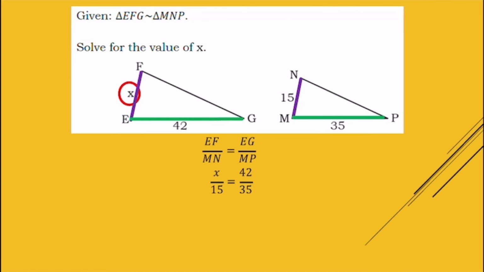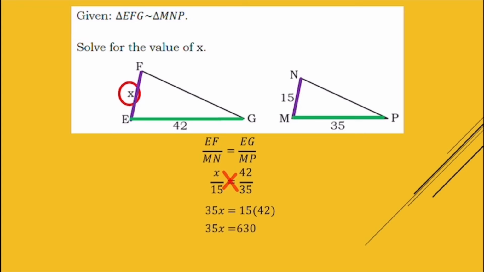Again, let's apply the fundamental law of proportion. We have x times 35 is equal to 15 times 42. So we have x times 35 is 35x, and 15 times 42 is 630.